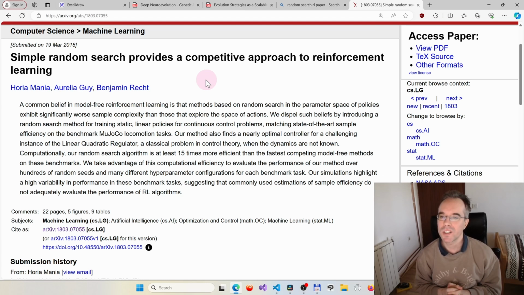We dispel such beliefs by introducing a random search method for training static linear policies for continuous control problems, matching state-of-the-art sample efficiency on benchmark Mujoko locomotion tasks.